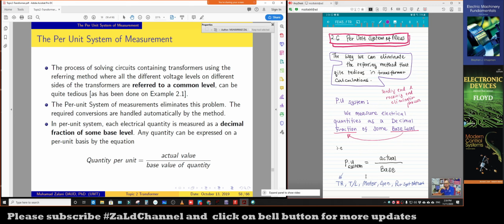Also, we use the per unit system in order to simplify the calculation, because if we use the conventional method, where we do the transformer calculation by referring to the primary side or to the secondary side, like we have done in example 2.1 before.